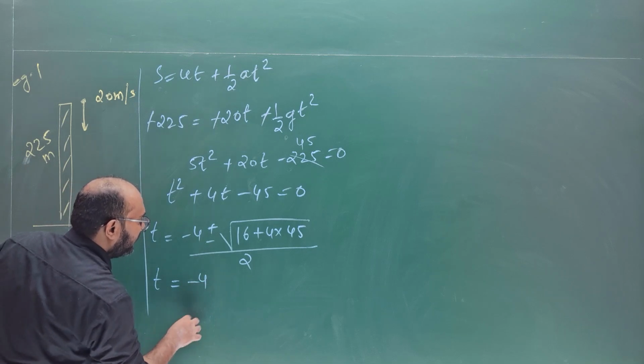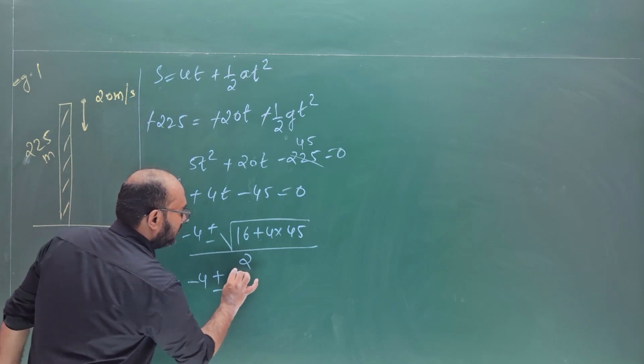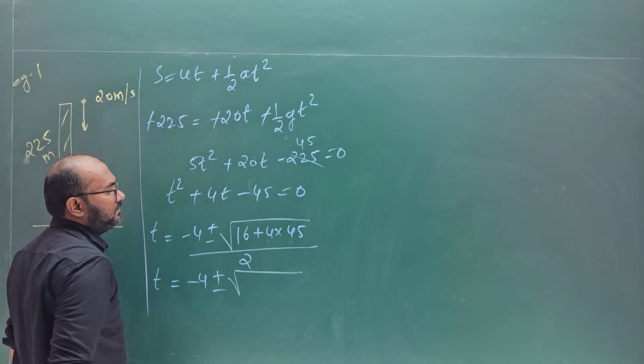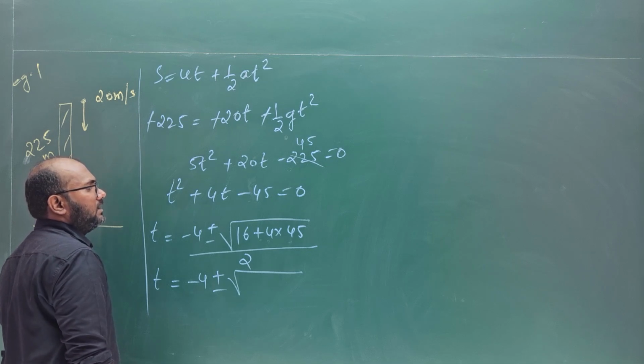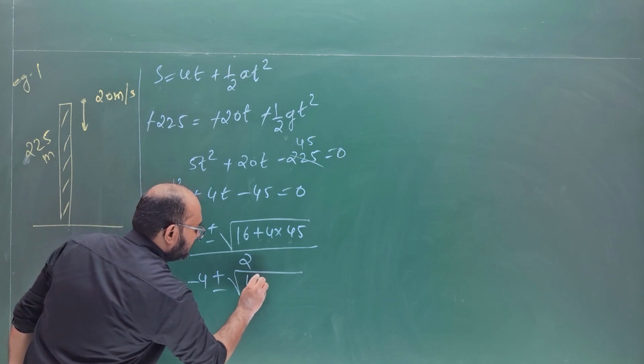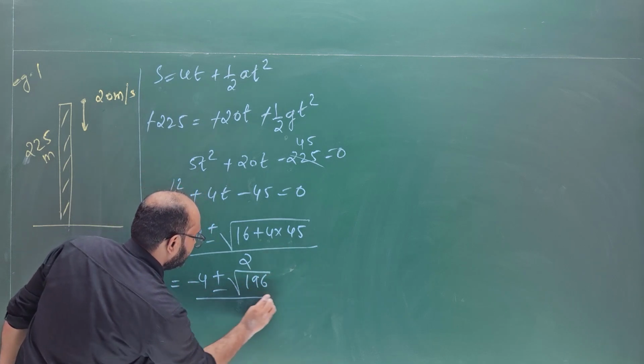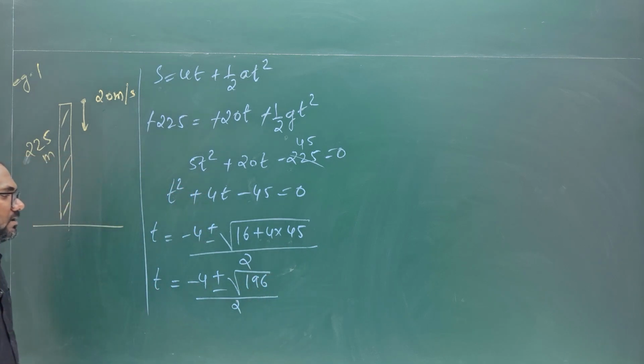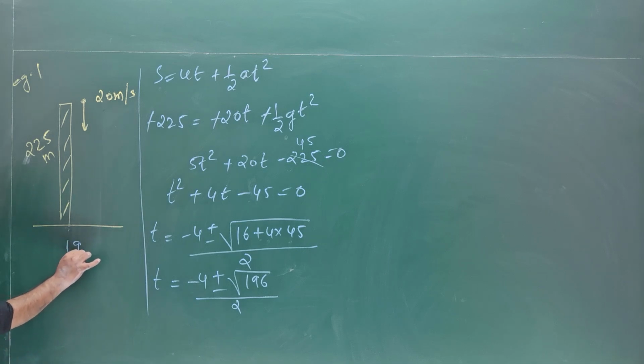So minus 4 plus or minus the root of 45 fours, which is 180, plus 16, that is 196, divided by 2. What is the root of 196?